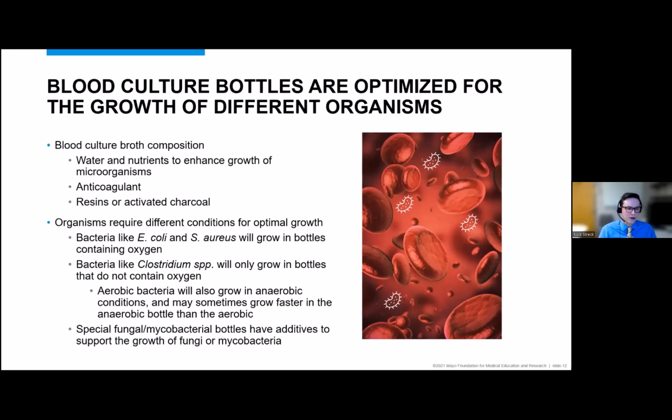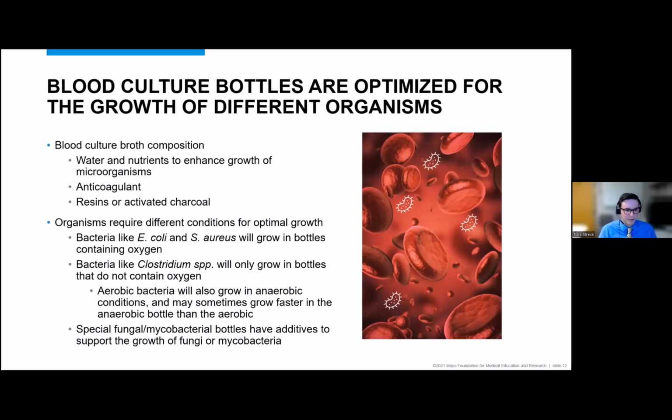All of these things are present in the broth of these blood cultures, and their ability to help support growth is really dependent on a good broth to blood ratio, which is why we have certain recommendations for the optimal amount of blood that should be put into each bottle. Getting that appropriate ratio helps facilitate the activity of the broth. So this is a pretty general idea across all of the blood culture bottles.